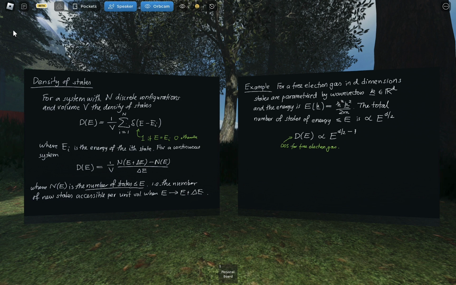So how would you get a more complicated, interesting density of states? Well, you would have to have a more interesting energy function. And that might come from having the electrons interact with something, for example, a crystal lattice. And then the configuration of the atoms in the crystal would change the energy, perhaps in some way reflecting the symmetry of the crystal, for instance.